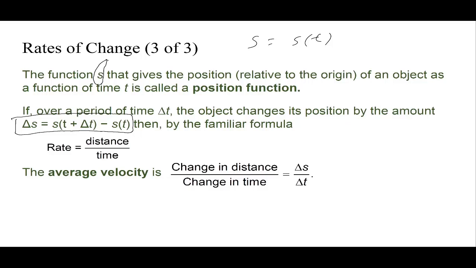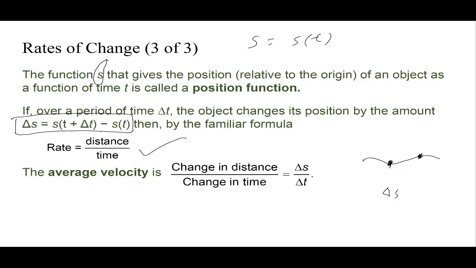Delta S means the small change in the position. So let's say something is moving on this curve going from here to here. This notation delta S is actually the position change of this object from here to here. In this case, it's the change in the value of the y coordinate.